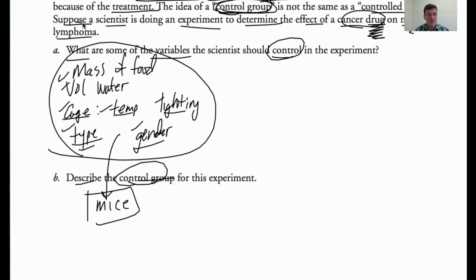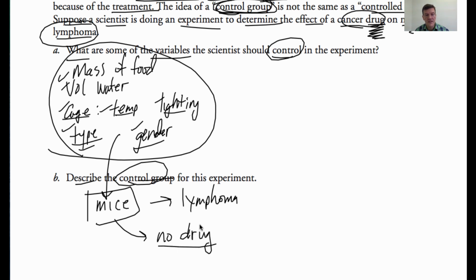They would still have to have the lymphoma, of course, but they'd get no drug. And then you would see, do they maybe have any better effect or worse effect or the same effect as the group here that is going to actually get the drug itself.